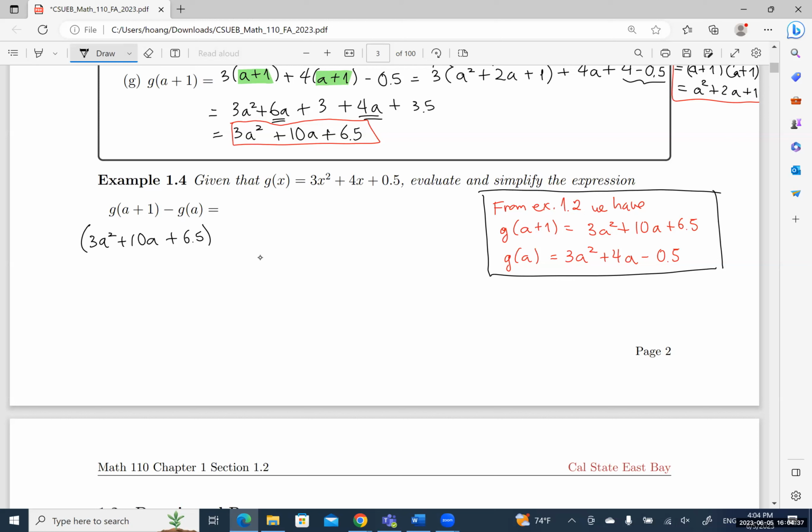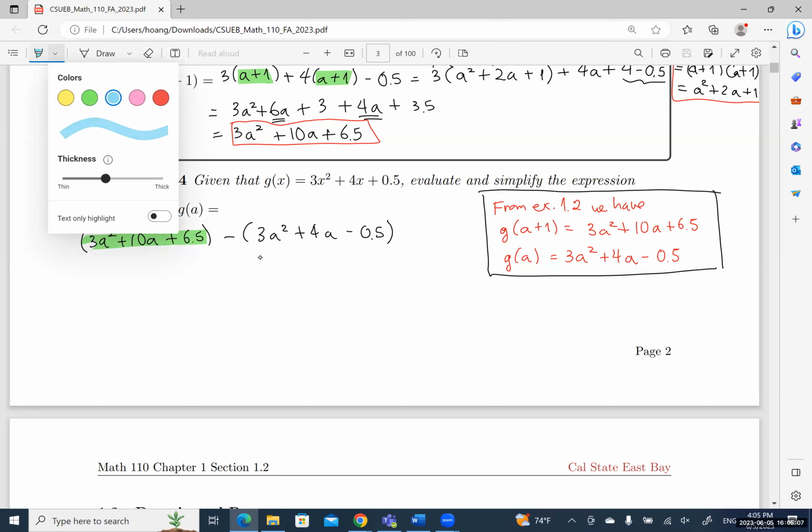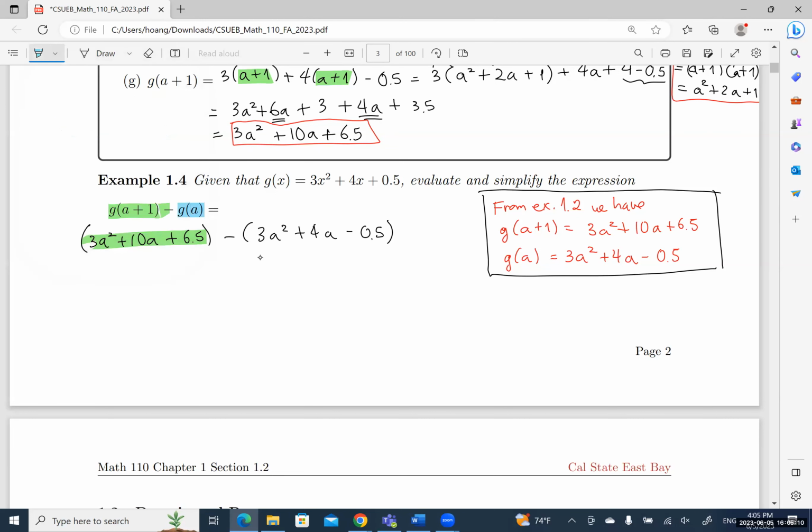And then minus g of A, which is another group, 3A squared plus 4A minus 0.5. Let me highlight it to make sure. This is g of A plus 1, which is 3A squared plus 10A plus 6.5, and g of A is 3A squared plus 4A minus 0.5.